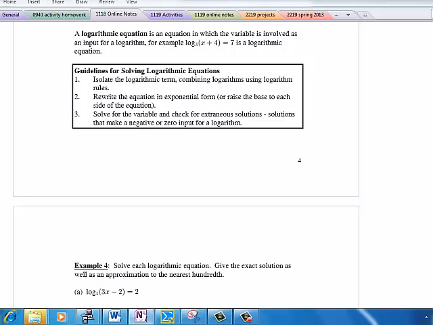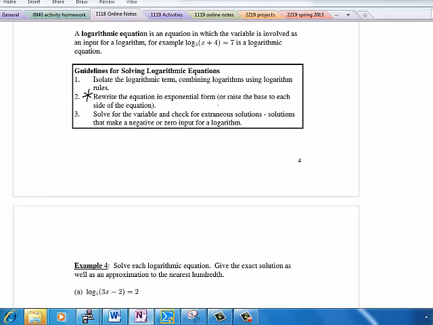Our general steps are to isolate the logarithmic term if we can, the logarithm and its input. If we need to, we can combine logarithms using logarithmic rules to get down to a single logarithmic expression. And once we've done that, we want to rewrite in exponential form. So this is the step where if we can't remember what to do, there's nowhere to go.